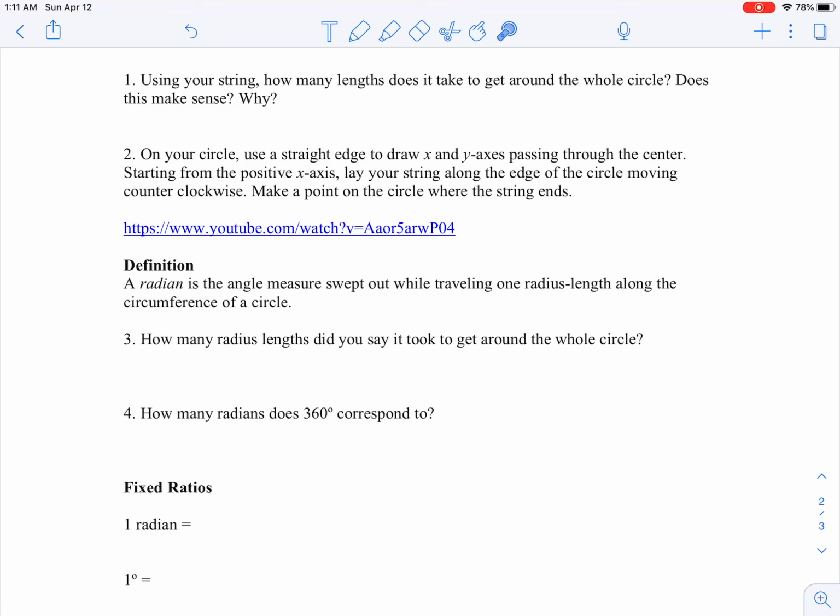Now, on your circle, use a straight edge to draw X and Y axes passing through the center. Starting from the positive X-axis, lay your string along the edge of the circle, moving counterclockwise. Make a point on the circle where the string ends.